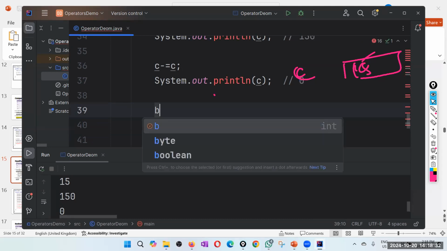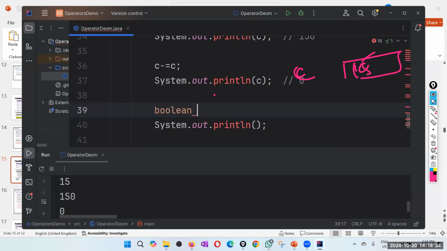Say Boolean D is 8 greater than, so let's say 10. Okay. So why can't I write like that? Maybe we need this. Still no. Why can't I use that?